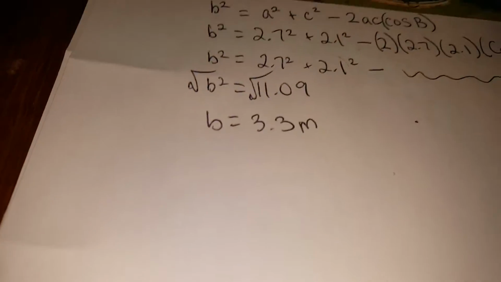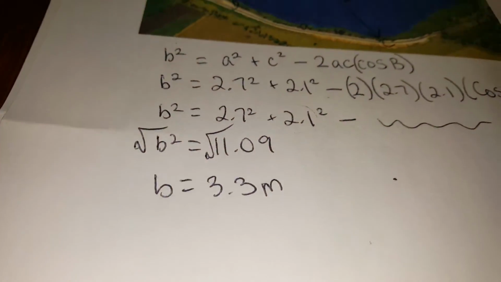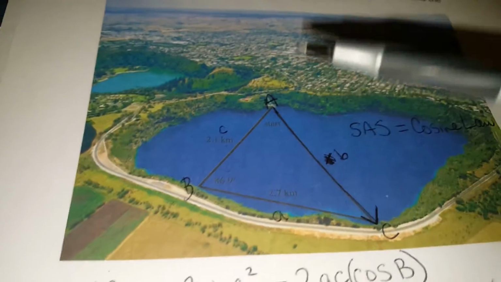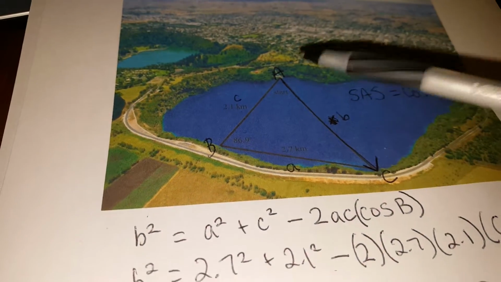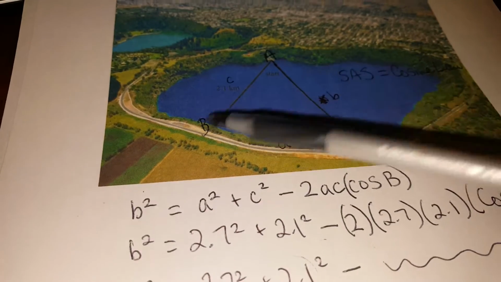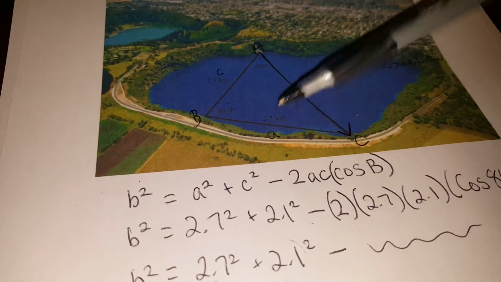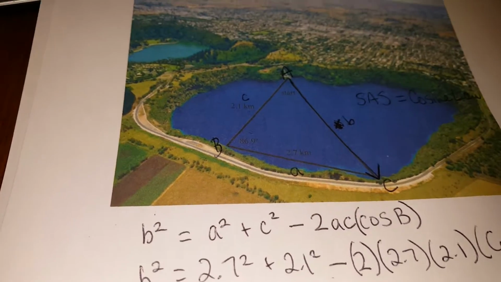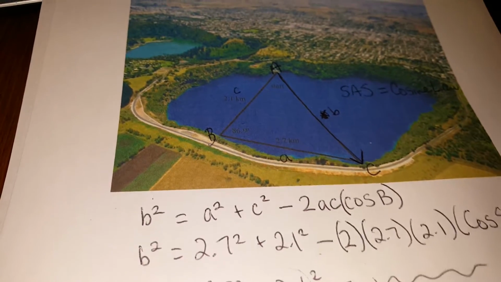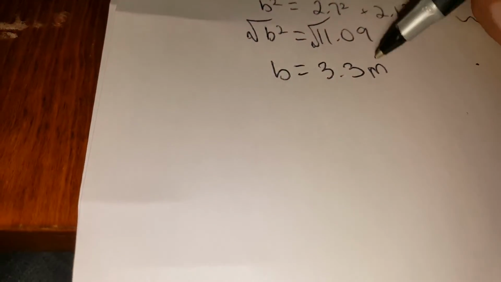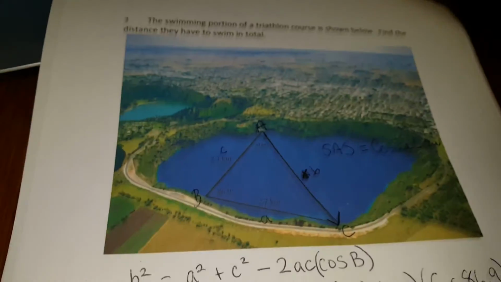If you interpreted it in a different way and left it like that, like I did originally, it's not a big deal. But I'm thinking back now, I think that's kind of the point they were trying to get across there. Okay, so it's going from A to B, B to C, and then C back to A. So now that you know this length here, you can add the three lengths up together. So 2.1, 2.7, and 3.3, which would give you 8.1. And that's not meters, that would be kilometers, which 8.1 meters wouldn't be very far.